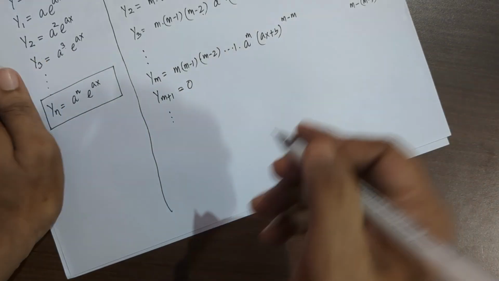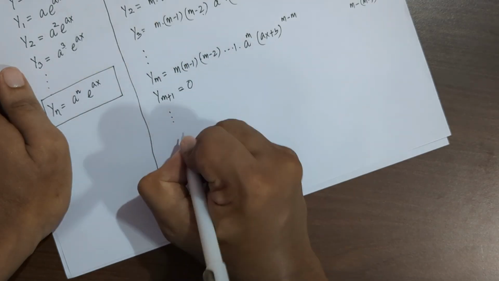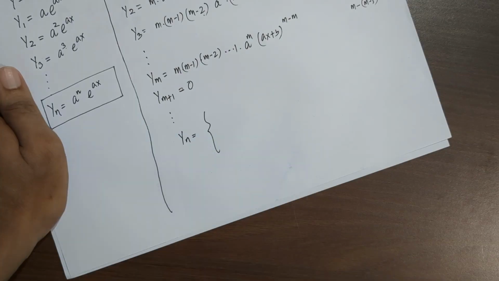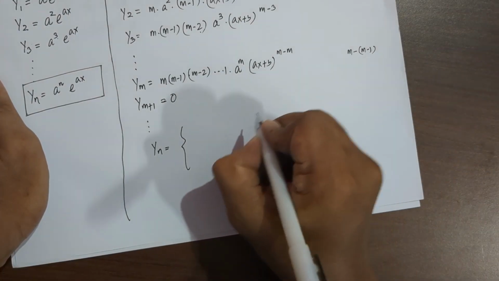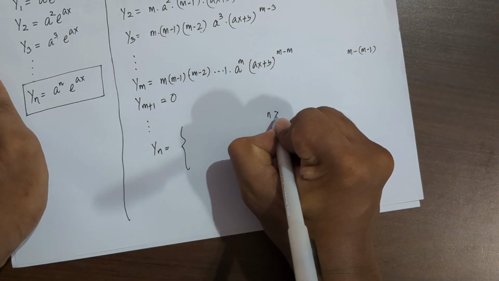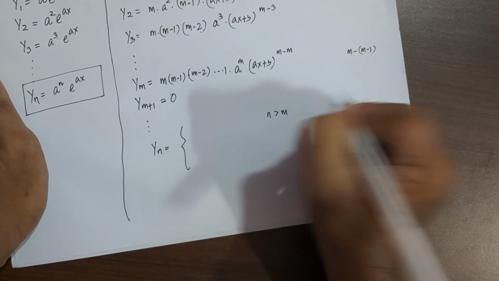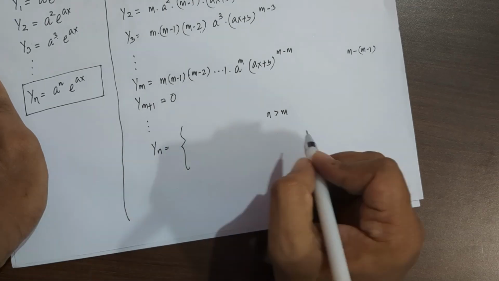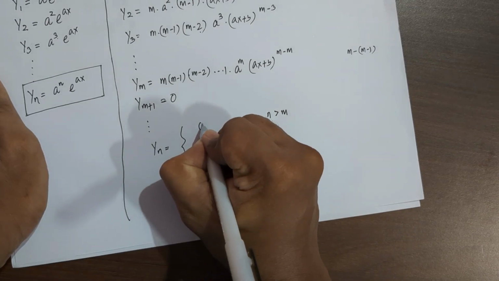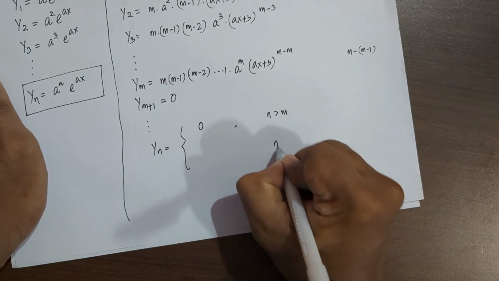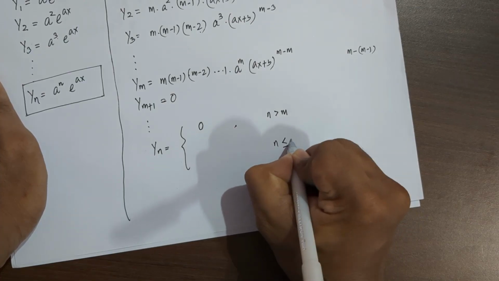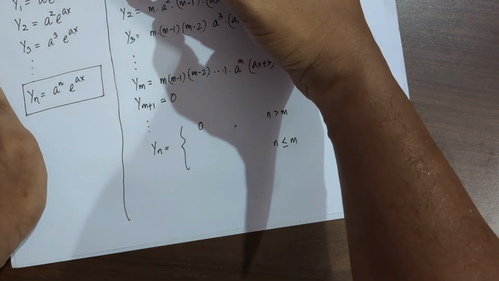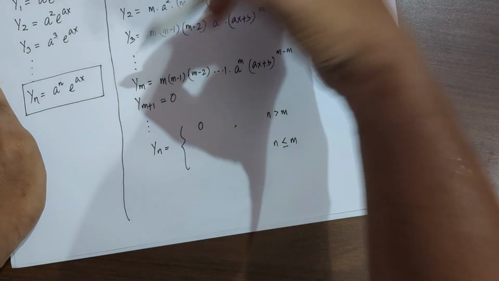So let us derive the pattern here. For the nth derivative, clearly if n is bigger than m, that is m plus 1 or m plus 2 and so on, our nth derivative will be 0. And if n is less than or equal to m, then n is one among 1, 2, 3 up to m.